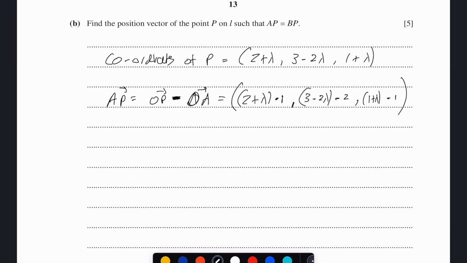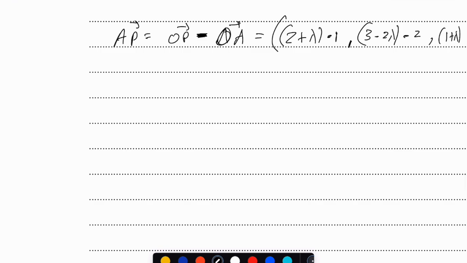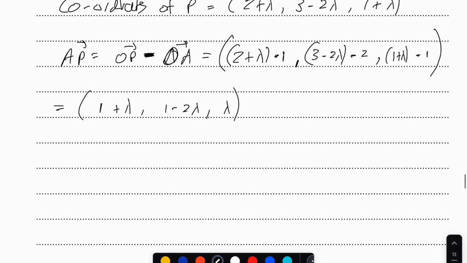Right, cool. So what that equals then is 1 plus lambda, 1 minus 2 lambda, and finally simply lambda.